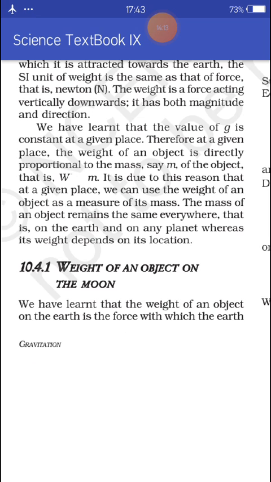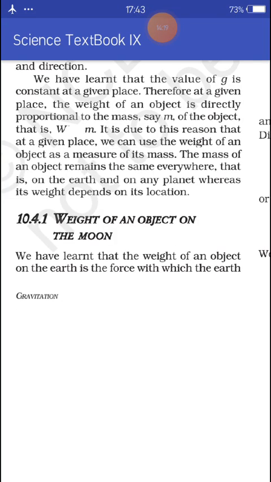We have learned that the value of g is constant at a given place. Therefore, at a given place, the weight of an object is directly proportional to the mass m of the object, that is, W is proportional to m.